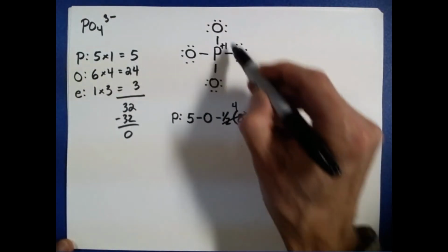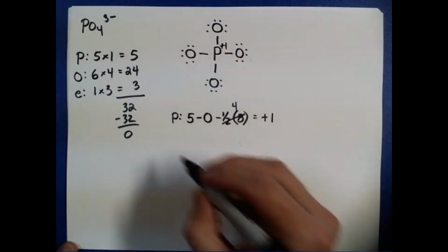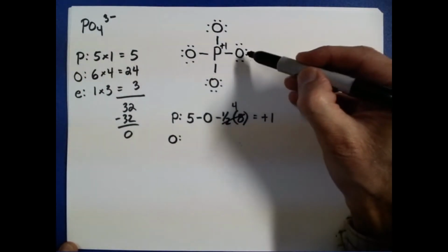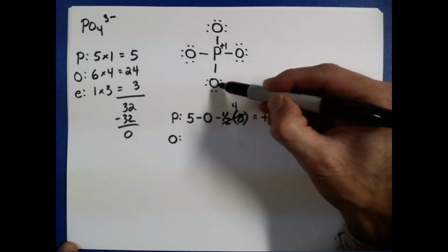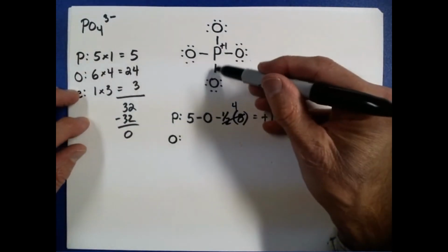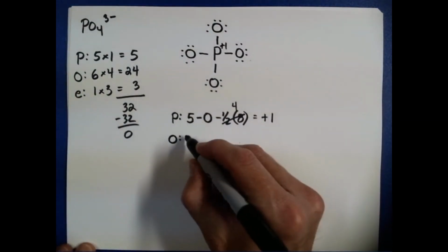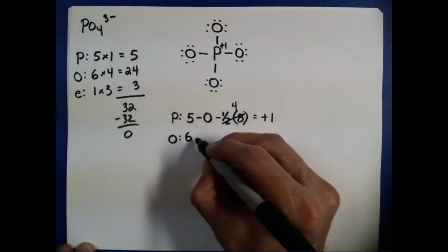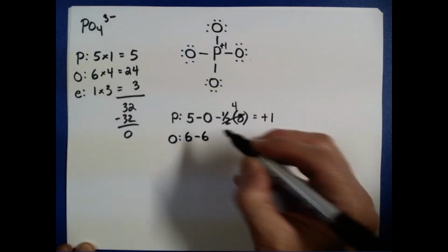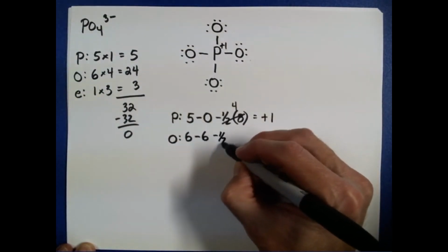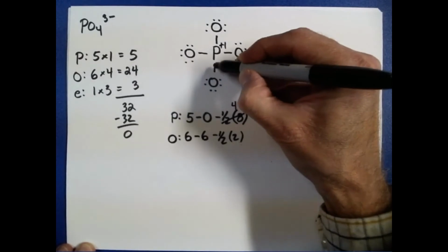All of the oxygens here are the same. We'll calculate the formal charge on this oxygen, and we're going to get the same formal charge for all the others because they all have 3 lone pairs and 1 bond pair. So we take our oxygen, it's got 6 valence electrons. We subtract 6 lone pair electrons, and then we subtract half of 2 for this bond pair.